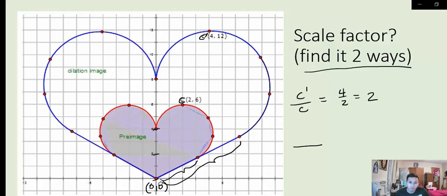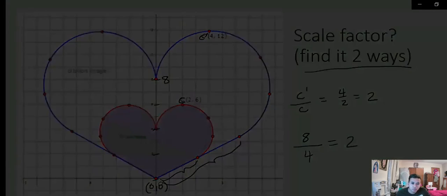So let's see. That's 8 units. I'm going to write 8. It's a vertical unit, and then 4 for the horizontal unit. That's 1, 2, 3, 4. So that is 2 also. All right. So the scale factor using 2 ways is 2.